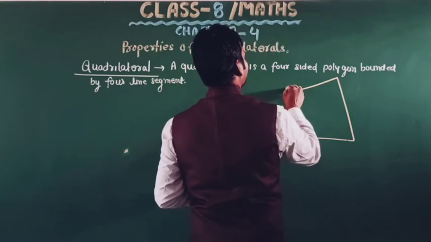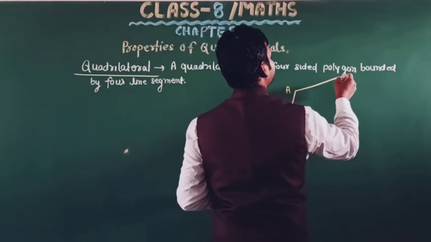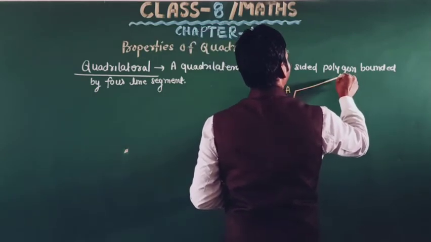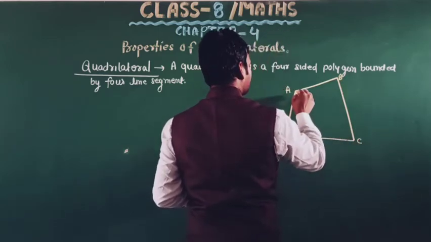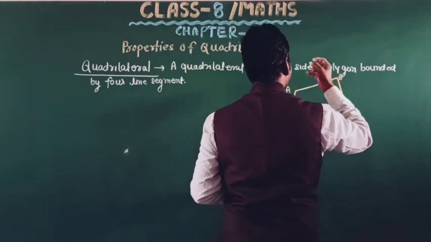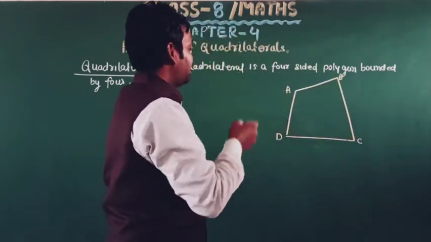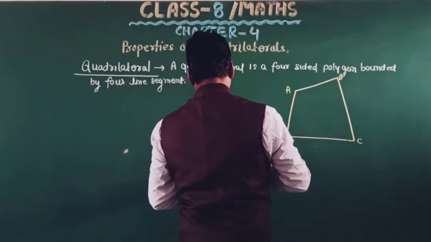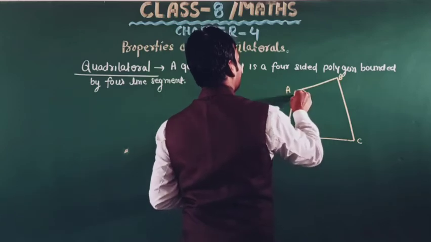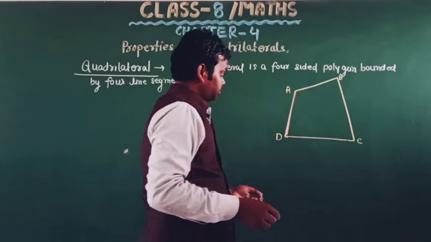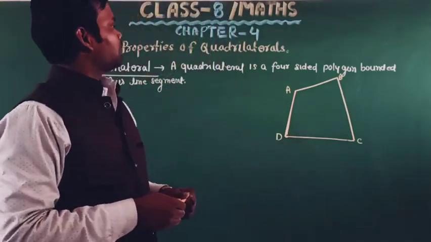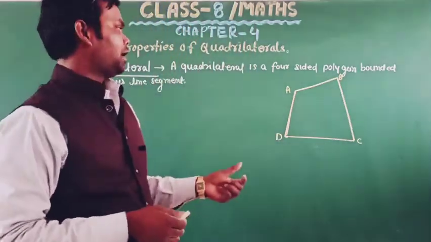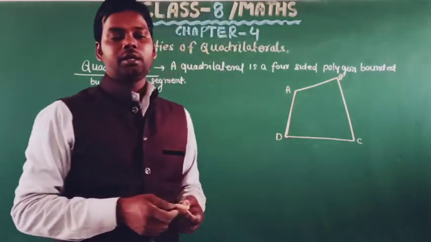Suppose this is A, B, C, D. So here AB, BC, CD and DA are the sides of the quadrilateral. So this is a polygon bounded by the four line segments.